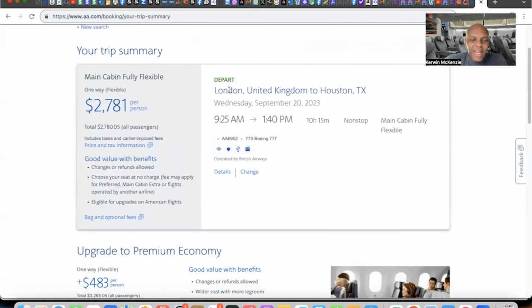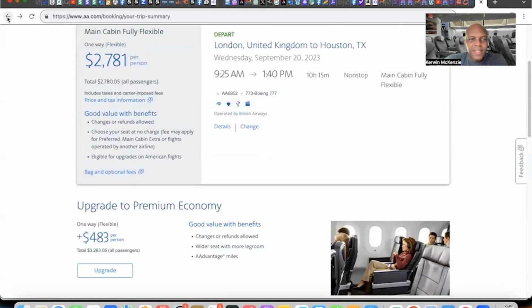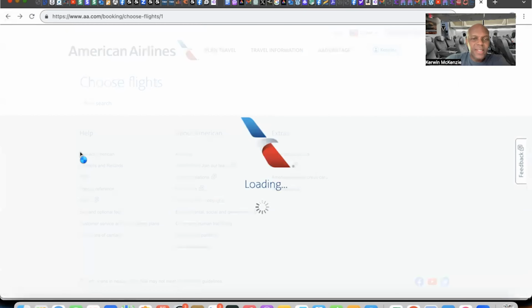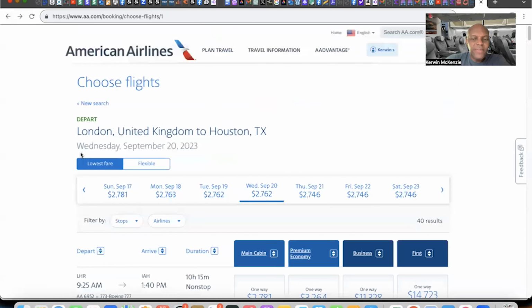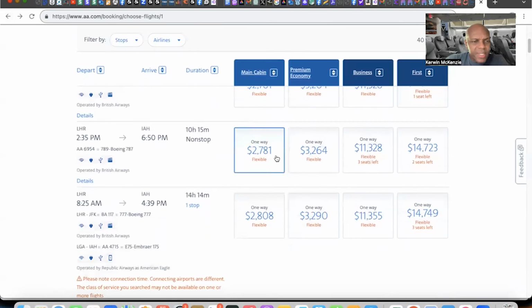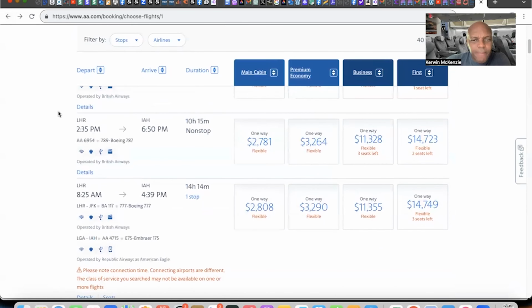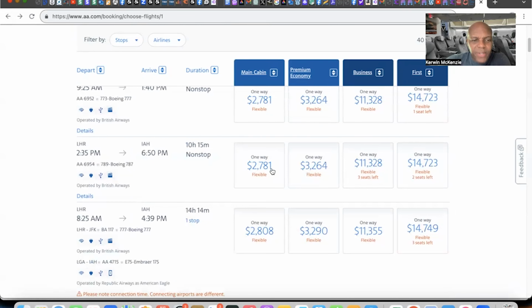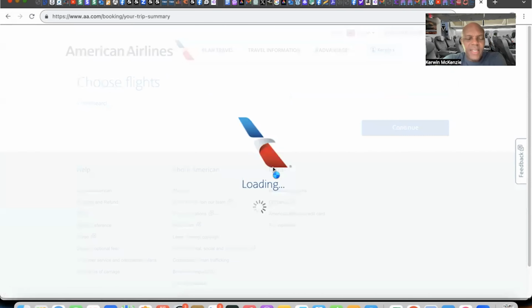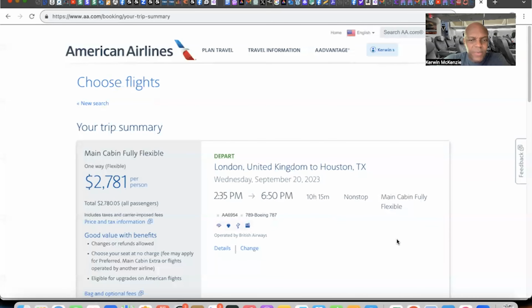Now I can't, let me go back a sec. Sometimes it's not doing that. Is it going to do the search, or is it going to give me, okay, so it did work. So let's see, let's try to find a British Airways one. Okay, that's AA 69. So this is actually British, operated by British Airways. This is a non-stop flight. Same price, 2,781. Let's see how they make up that 2,781 price.